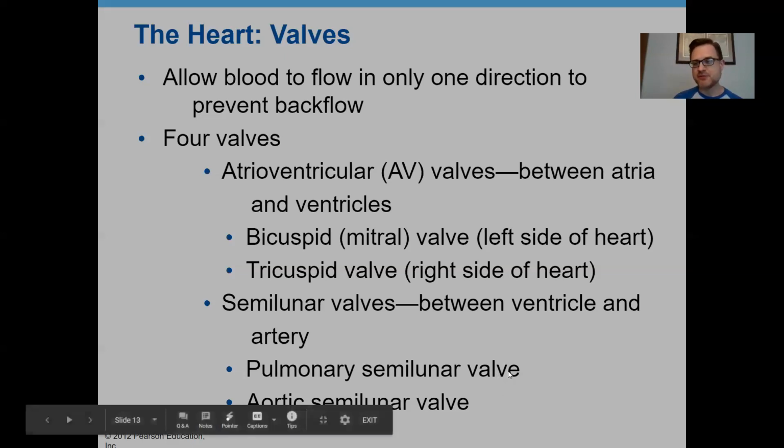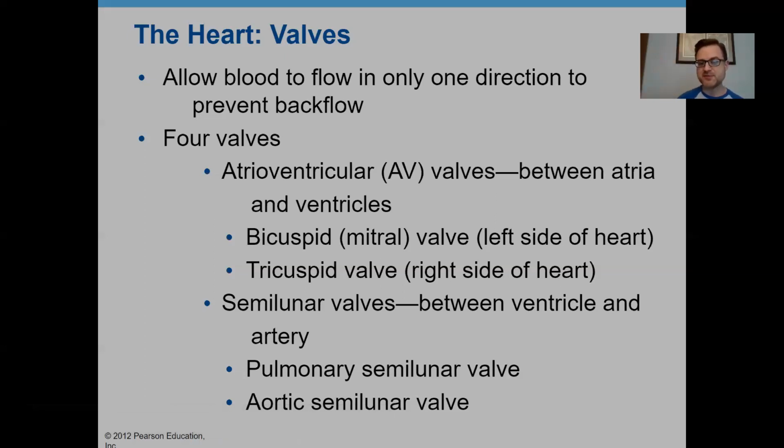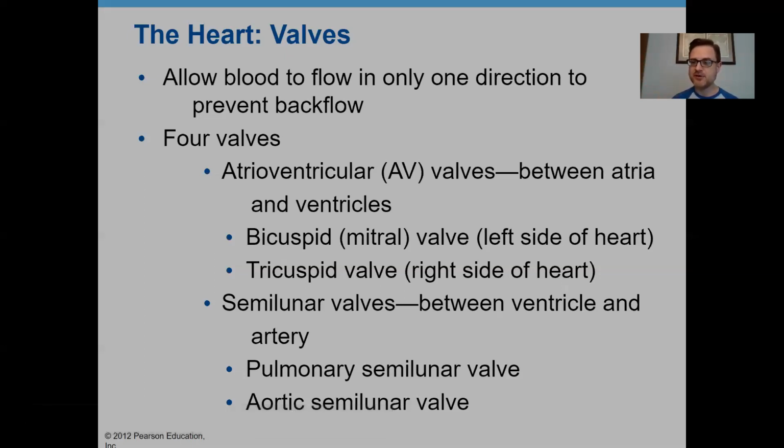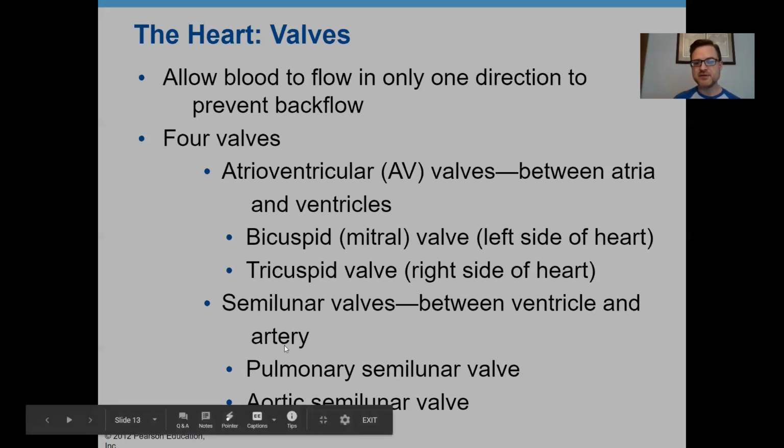The aortic semilunar valve would be coming off the left ventricle up into the aorta to carry blood throughout the rest of your body. So there's 4. There's 2 semilunar, which are between a ventricle and an artery, either the pulmonary artery or the aorta, and the 2 AV valves between either the right or the left atria and ventricle.